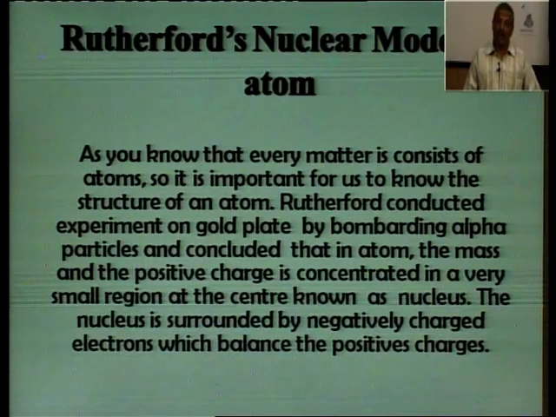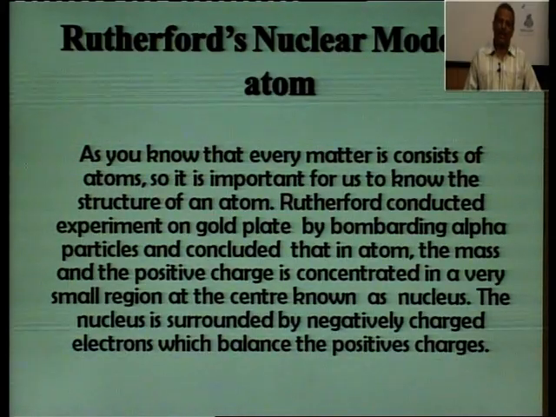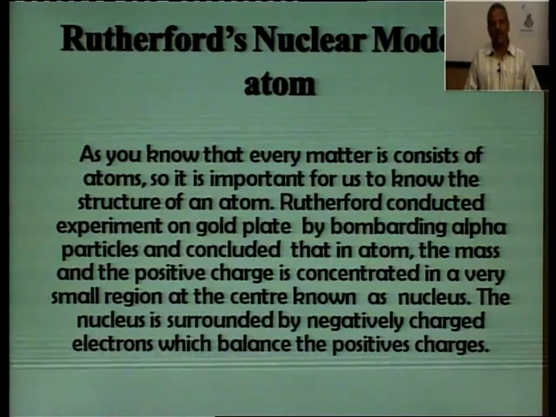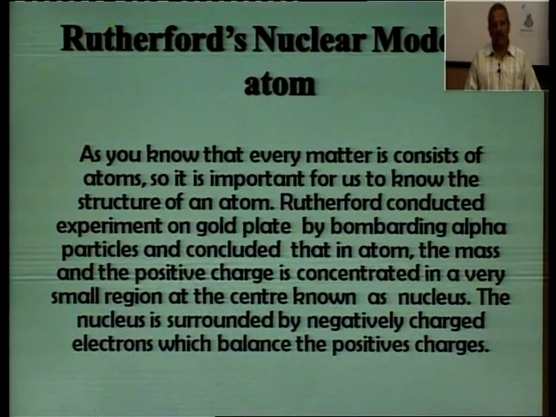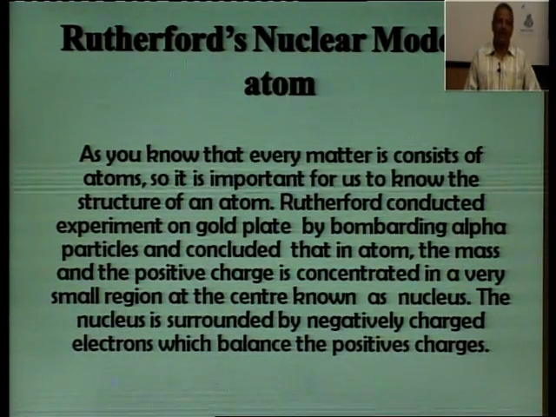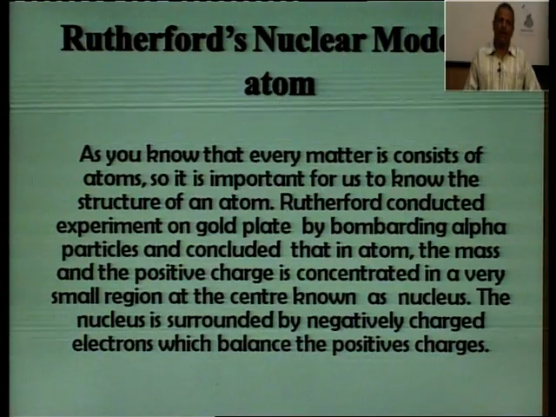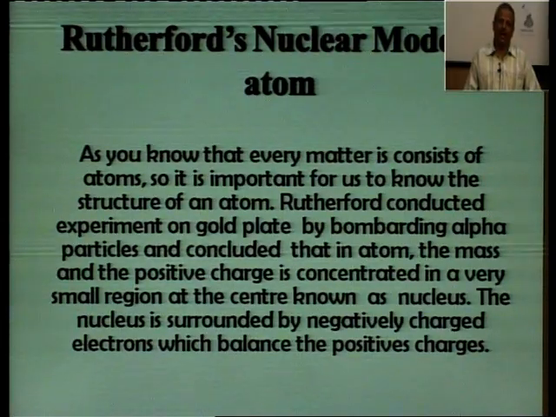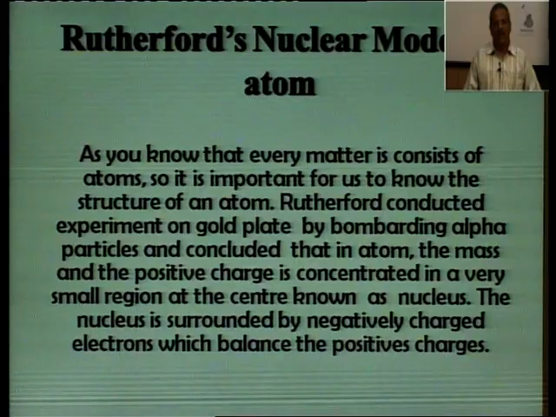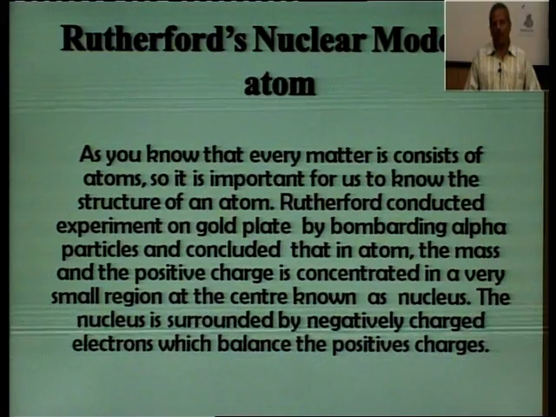Rutherford proposed that the protons and neutrons are present in the center, known as the nucleus of the atom, while the electrons are revolving around the nucleus in a fixed circular path.